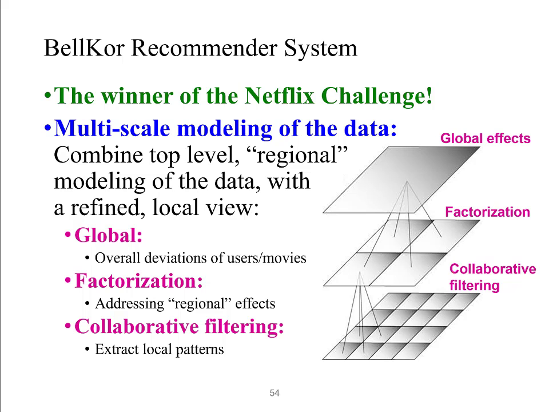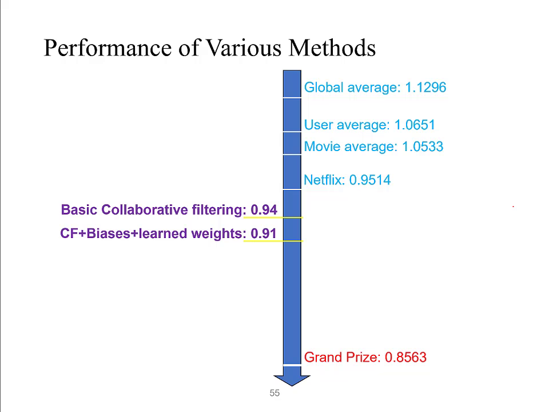And the last level is a collaborative filtering level, which extracts local patterns, or a refined local view of the data. We have already introduced collaborative filtering in this course, but we need to discuss the global effects and the factorization before we introduce them. Here is the performance of the various methods.